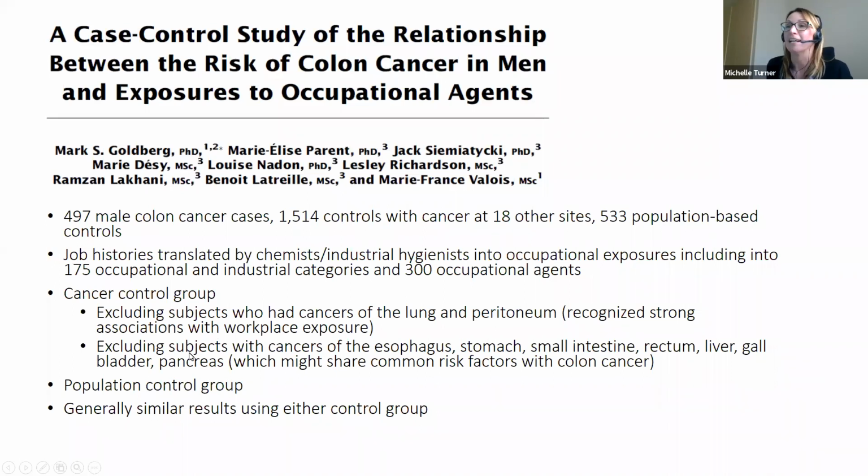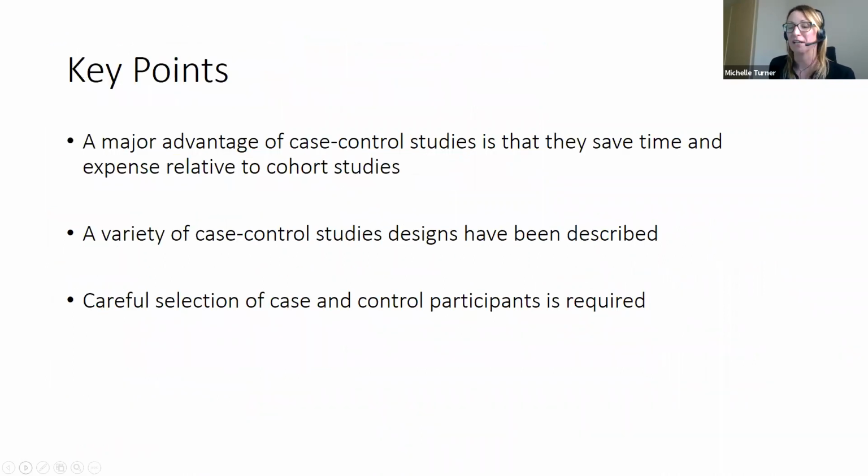Another way was excluding subjects with cancers of the digestive tract, which may have common risk factors with colon cancer, the cancer of interest here. But overall, they concluded that they found generally similar results using any of these different control groups. So maybe it's another option for you, depending on the research topic that you're working on.